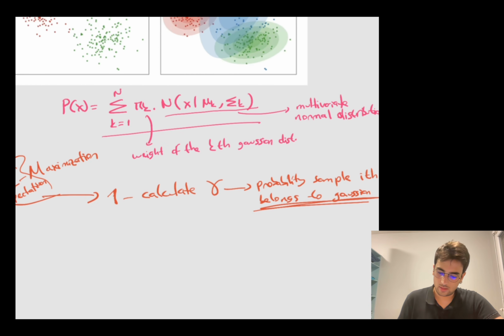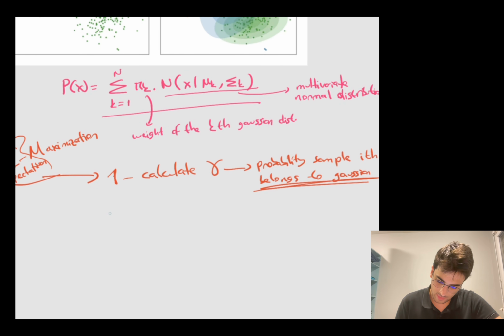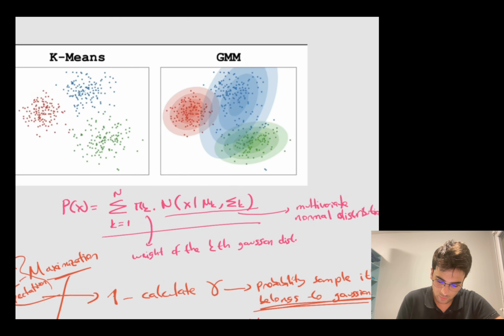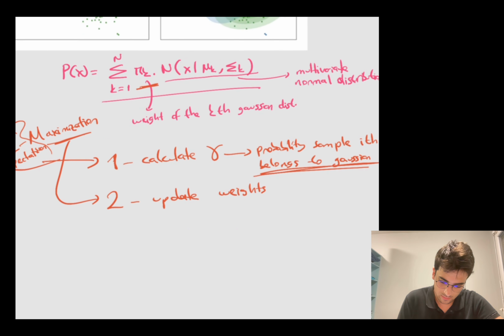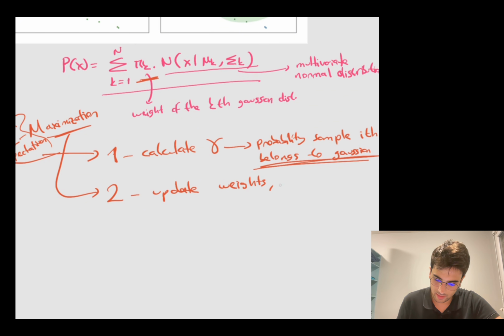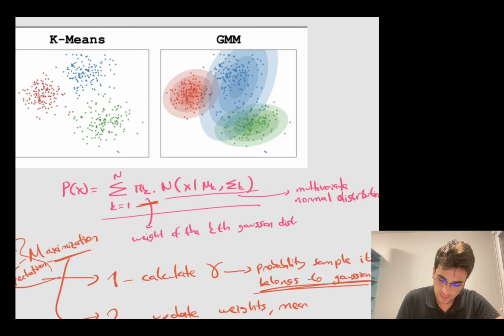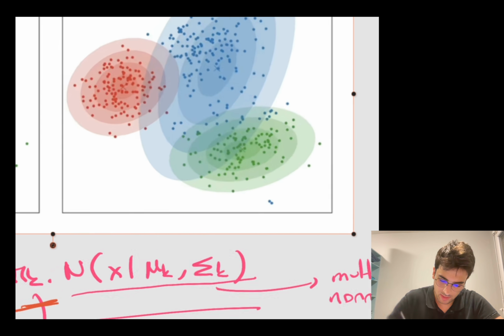So you just calculate the expectation for single samples, right? Then the maximization step is the second one. You update the weights, which we showed here in this formula, right? You update the means of each Gaussian.